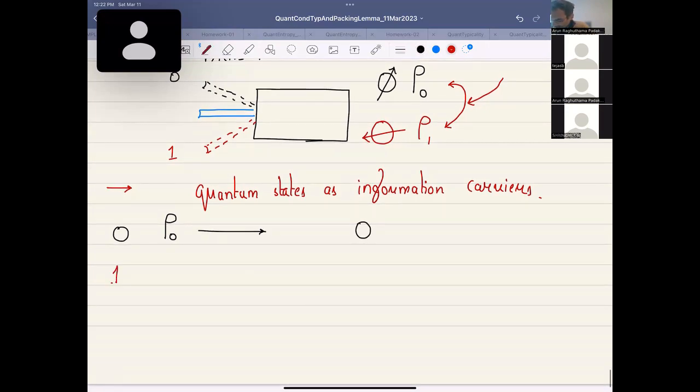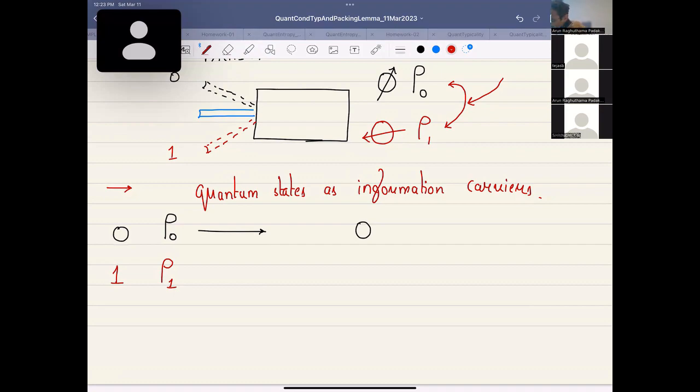If you got bit 1, then you will put the lever in position 1. It will create a subatomic particle with characterization rho_1, and you give it to somebody, and that guy will tell you, okay, it is indeed rho_1. And this rho_0, rho_1, and this entire device is known to everybody. But every time you get a different bit you want to communicate.